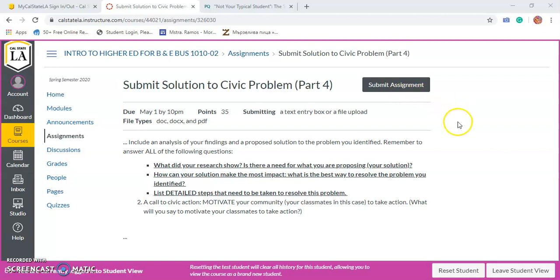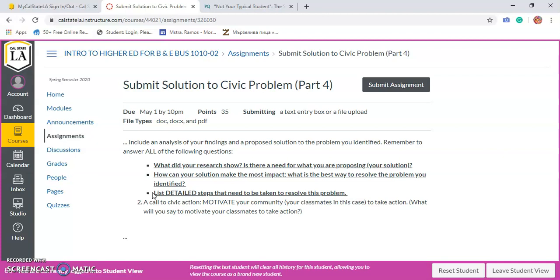So here is the last part, which tells you briefly, in general terms, what your solution should suggest. And I have not finished writing everything, but this is more than enough for you to understand what you are supposed to be proposing. Here, detailed steps that need to be taken are really important for the solution of the group that proposed to have some sort of a fair for the first generation students.